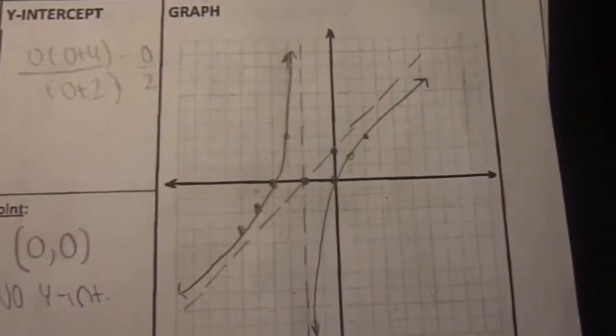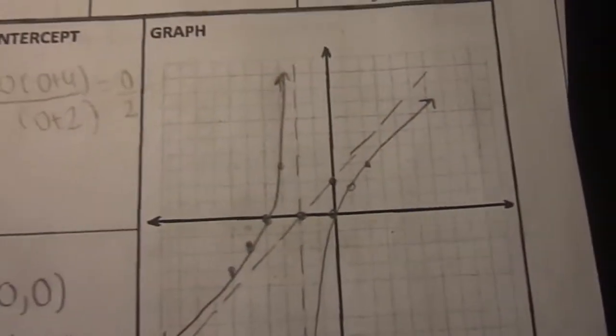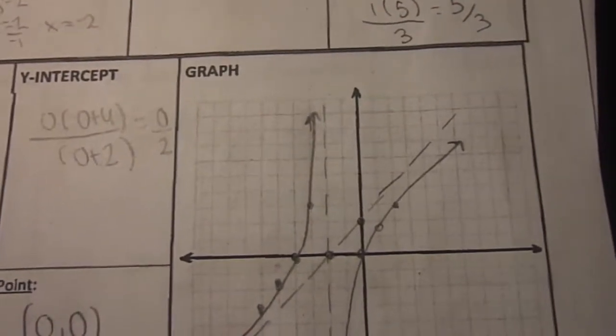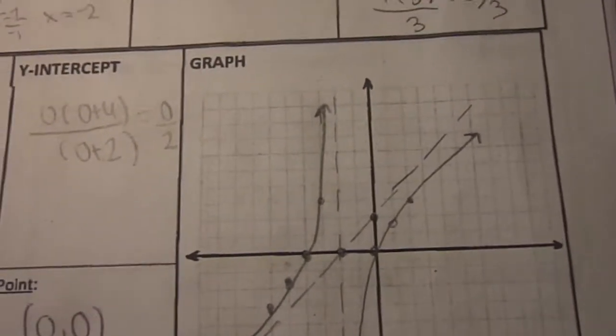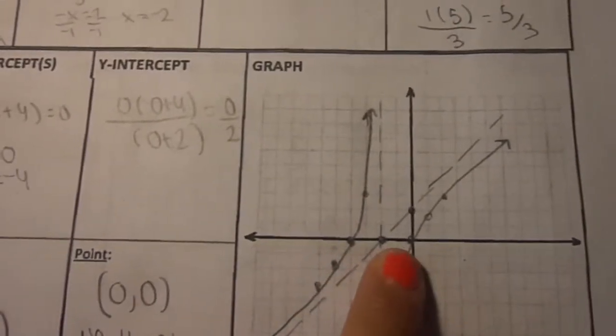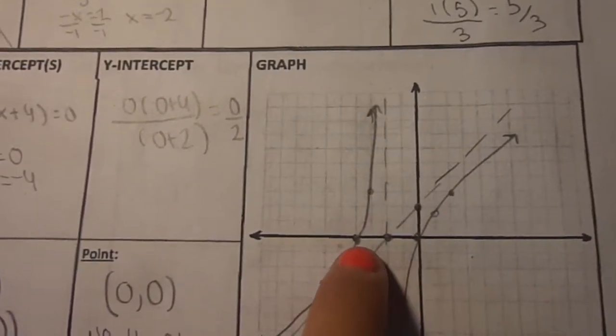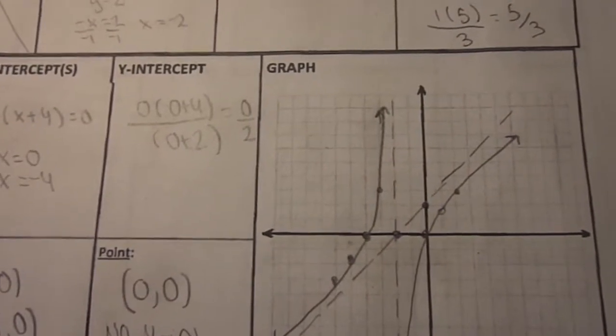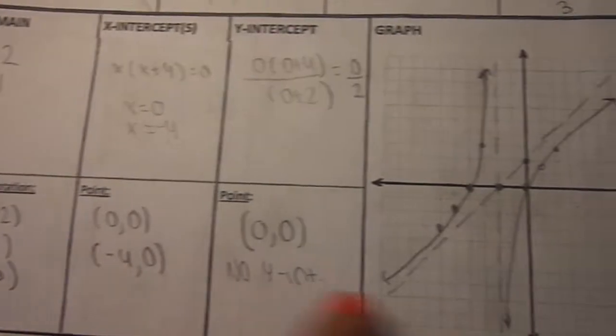Okay, so I need more points to the left of my graph, and I need 3 more points, and I just need one more point to the right because we need 3 points for each side of our graph. So I chose the points -3, -6, and -5. I didn't need -4 because I already had it for my x-intercepts.